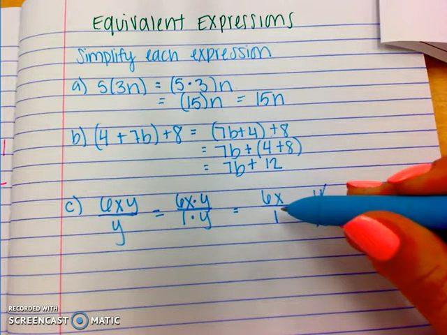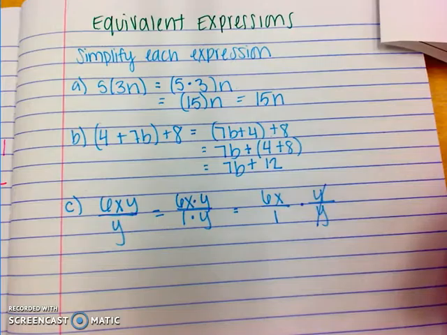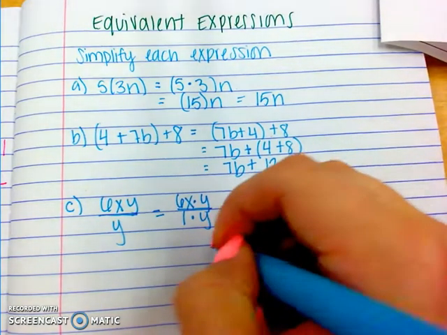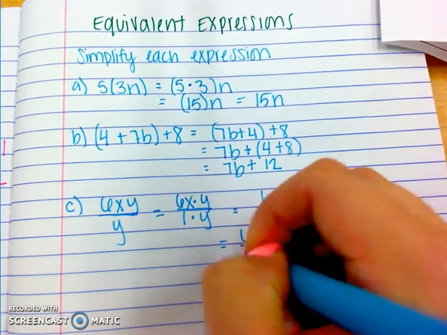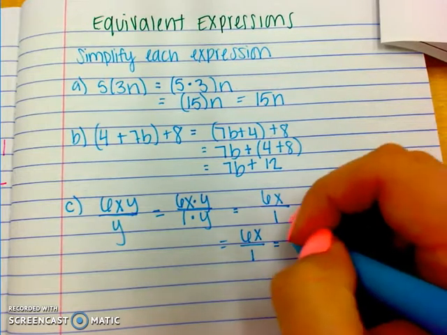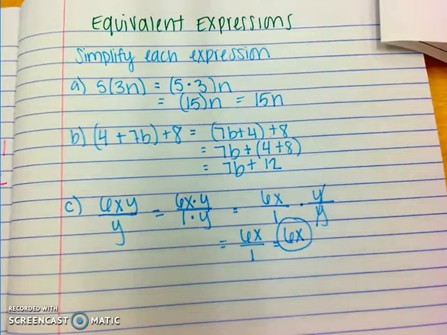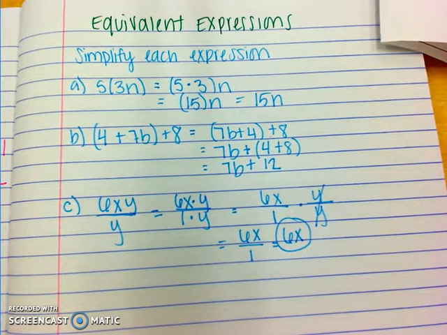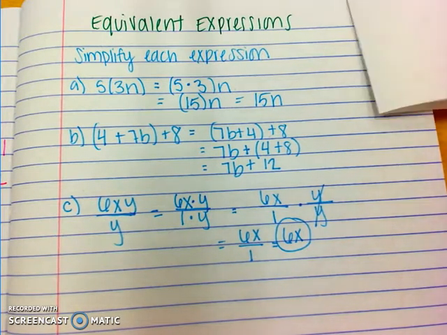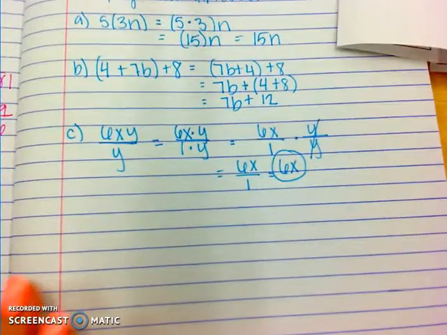And then I'm left with 6x over 1, or anything over 1 is just itself. So 6x is my final answer. Or my simplified version of that answer. Okay?